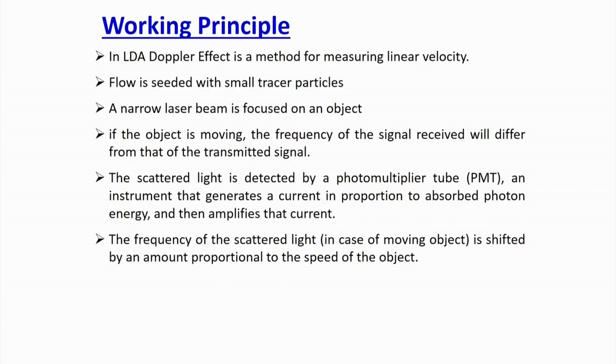So, what is the basic principle? What we will again discuss is that in LDA, the Doppler shift effect is being used to measure the velocity of the fluid. In the flow, what we do is we seed the flow with small tracer particles. Those tracer particles actually move with the velocity of the fluid.